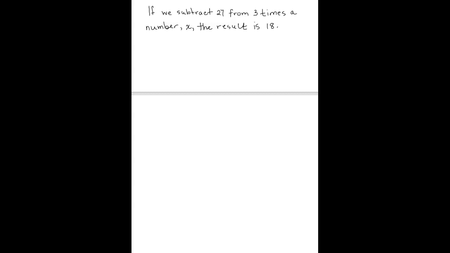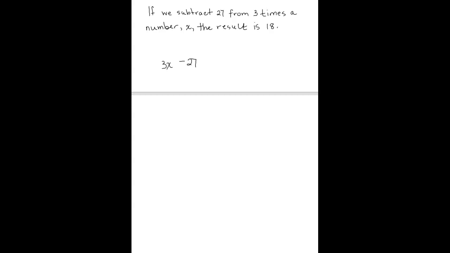Okay, so we're going to subtract 27 from something. All right, so I'm going to say minus 27, and I'm going to leave myself some space here, right? I'm going to leave some space so that I can actually write down what it is I'm subtracting from. I've got my 3 times my number, and we've said that that variable is going to be an x.